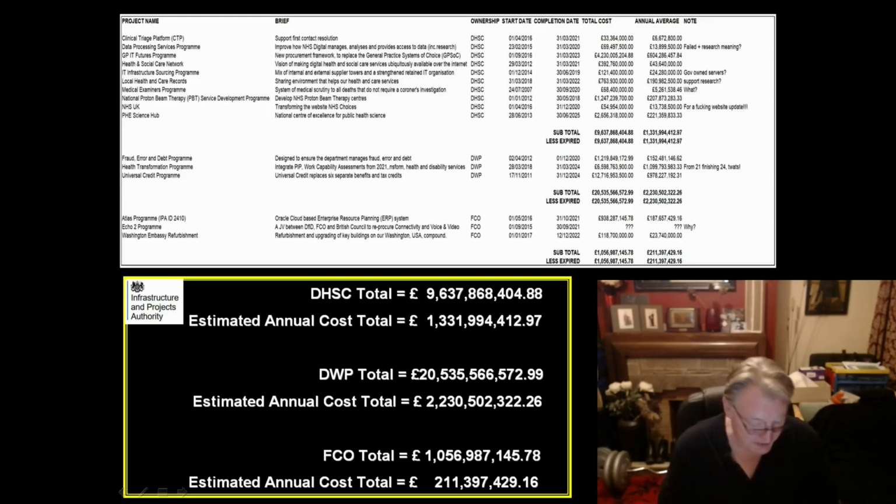So anyway, DWP, Department for Work and Pensions. Now these people are absolutely notorious for messing up everything that they do. There's the lunatic cost of this universal credit program. I don't really understand the amount of money that they're spending on this, whether it's actually providing any benefit at all.